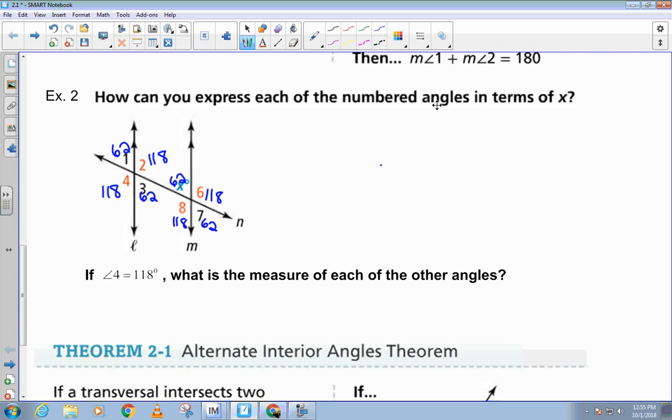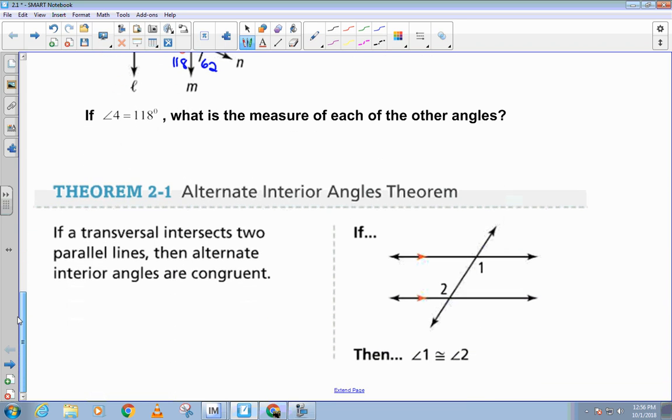So it looks like we know the same side interior angles are supplementary. We discovered that the alternate interior angles are congruent, the alternate exterior angles are congruent, and the corresponding angles are congruent. Which leads us to our theorems.